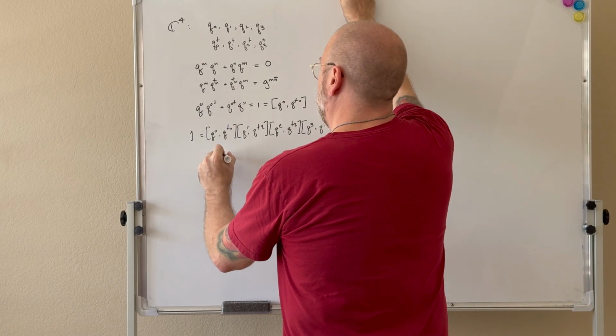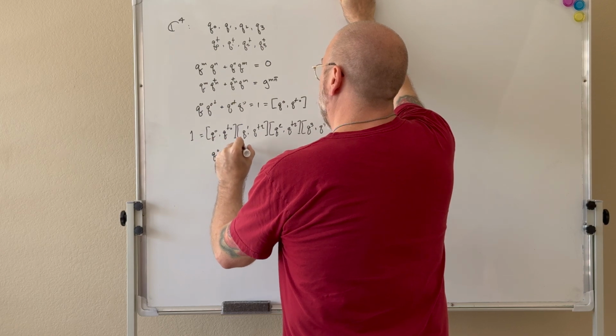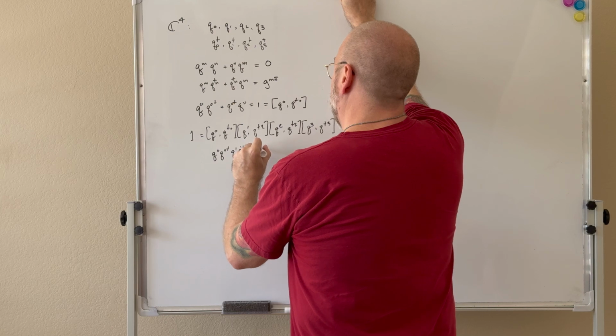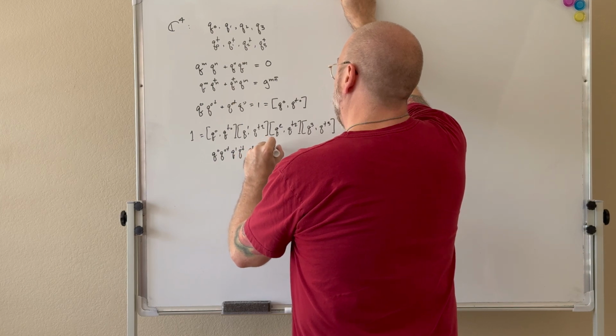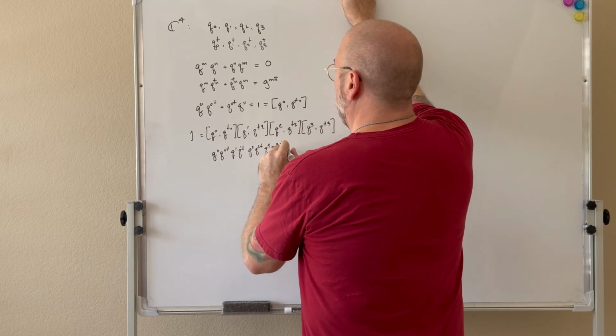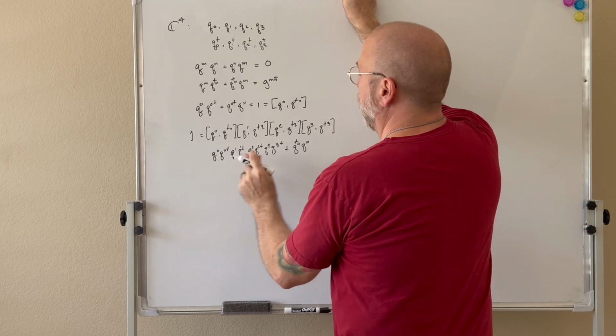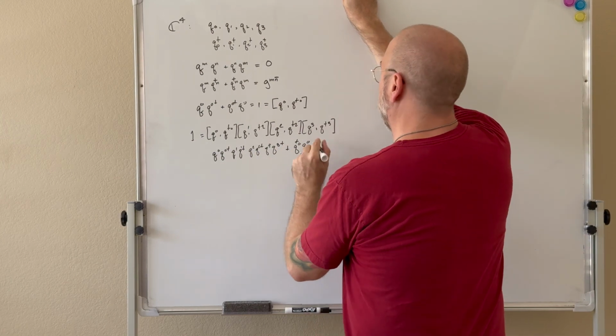Q0, Q0 dagger, Q1, Q1 dagger, Q2, Q2 dagger, Q3, Q3 dagger, plus Q0 dagger, Q0. This one flipped, and then this all again.